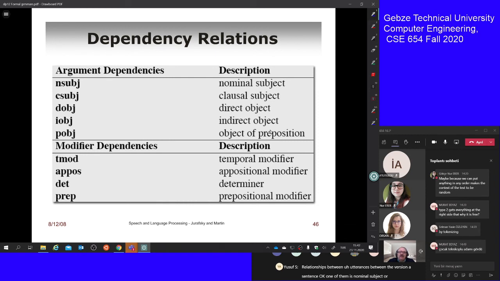Clausal subject, direct object, indirect object, object of preposition, etc. And like the context-free grammars, with the dependency relations, there are many modifier dependencies or argument dependencies, etc. What did I say about the context-free grammars? You might have hundreds of rules, and in this case you might have hundreds of different relationships.